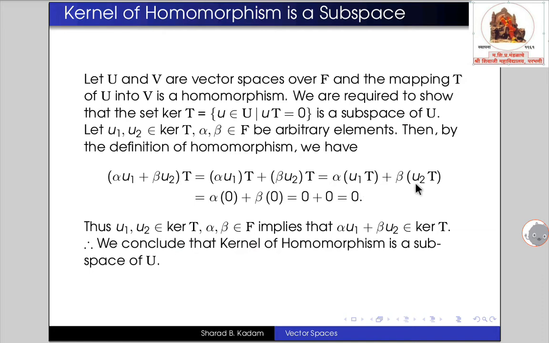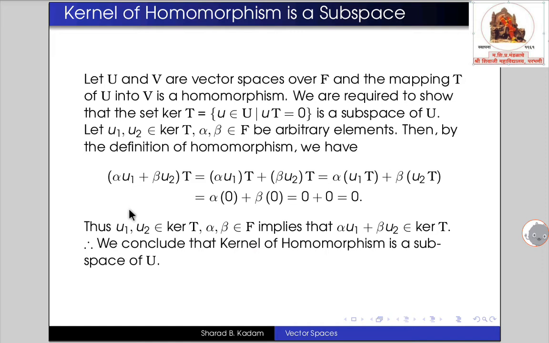Now since U1 and U2 both are in kernel of T, T of U1 and T of U2 are both 0. That is why this equals alpha into 0 plus beta into 0, and we know that alpha into 0 and beta into 0 are 0. So 0 plus 0 is 0. That means T of this element equals 0, so this element also maps to 0, which means this element belongs to kernel of T.